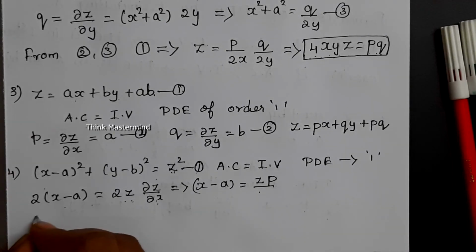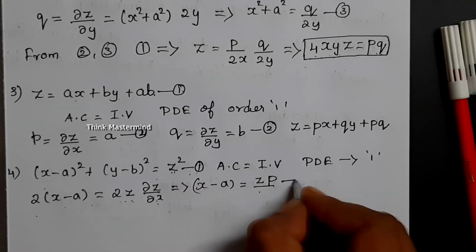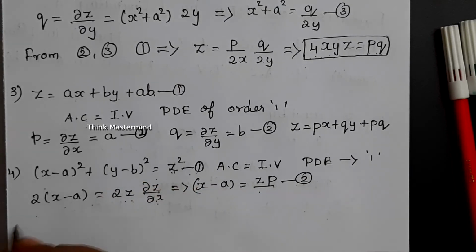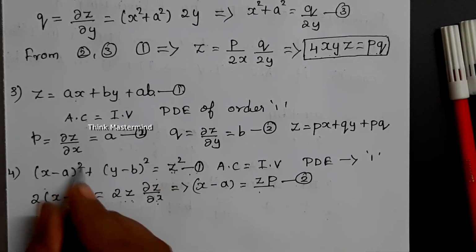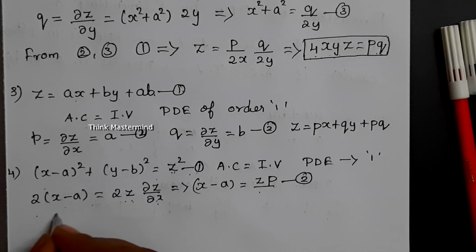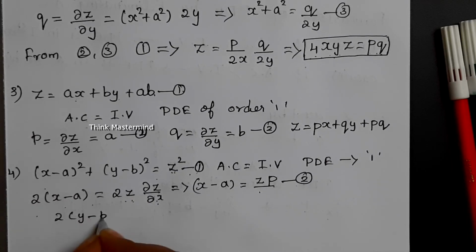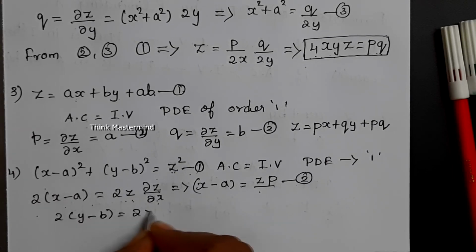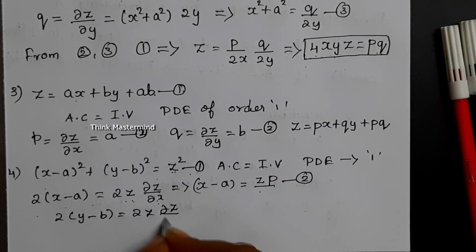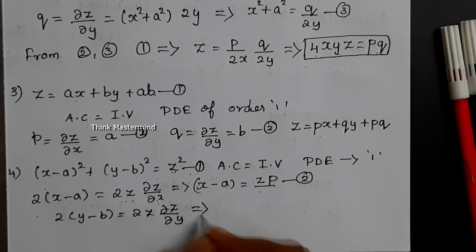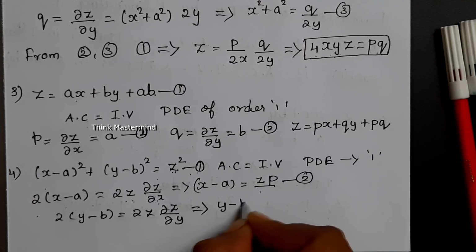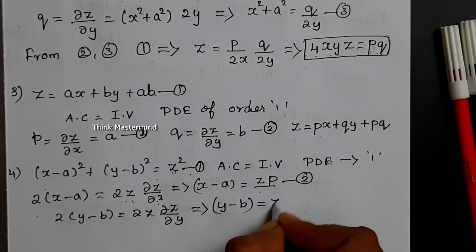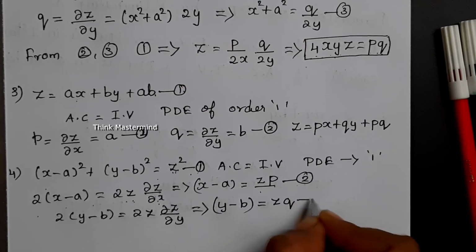Similarly, you can differentiate the equation 1 with respect to y. This term becomes 0, that is 2 times of y minus b is equal to 2 times of z into dou z by dou y. That can be written as y minus b is equal to z into q, and it is marked as equation number 3.